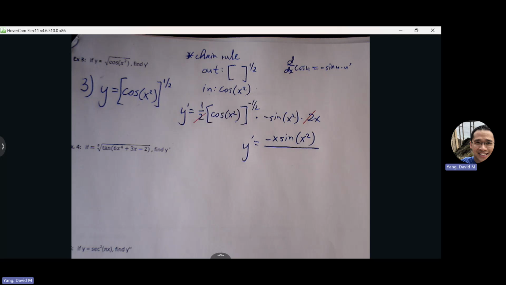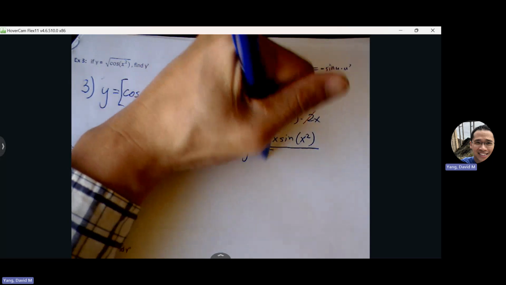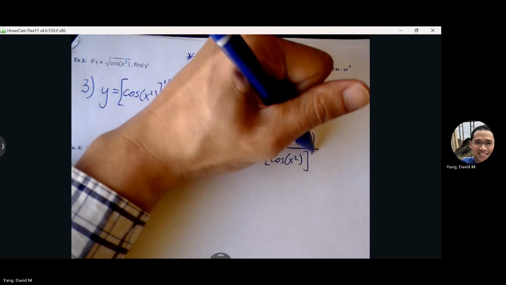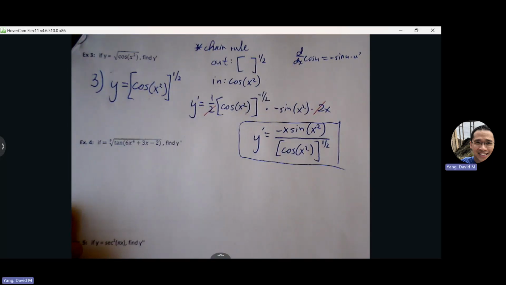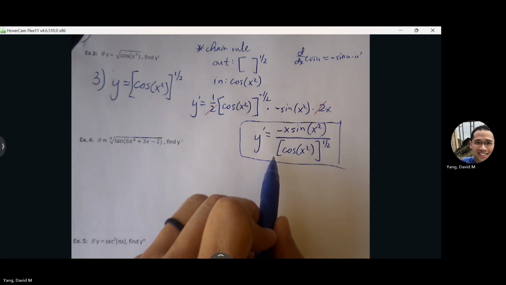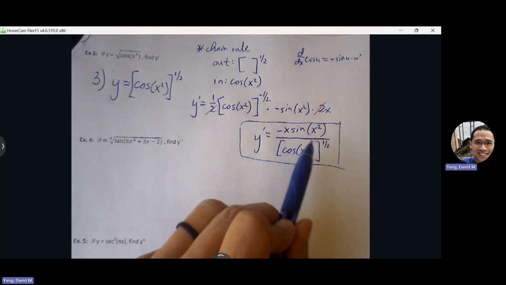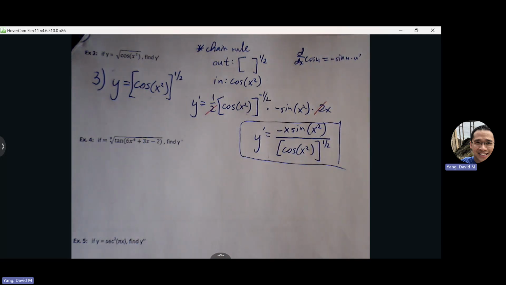So it's good to at least know how to get to the reduced form, even if you choose not to do it on the quiz. Yes, you can move back to square root. It's up to you. One-half or square root are interchangeable.